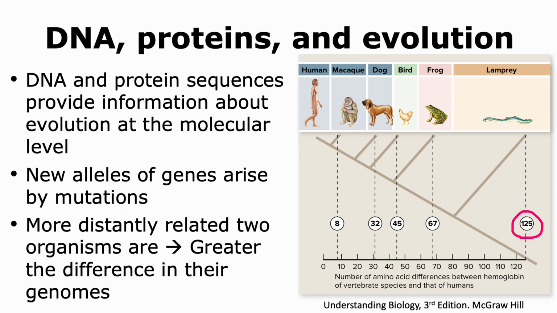This tells us that humans and lampreys are much more distantly related than humans and macaques. Thus, the greater the difference in the amino acid sequences or DNA sequences of organisms, the more distantly they are related to one another.